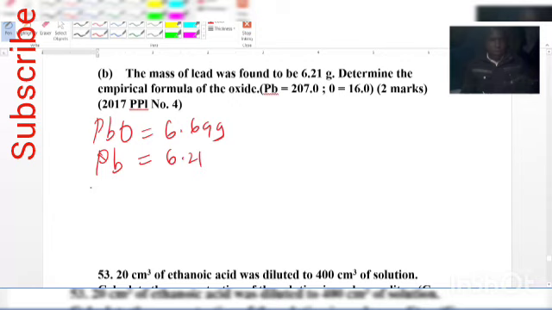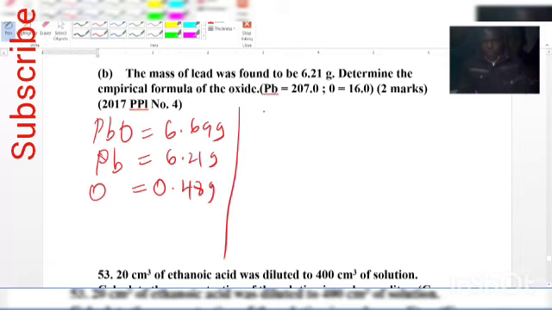So meaning the mass of oxygen was this minus this, and I think this one is going to give us 0.48 grams.